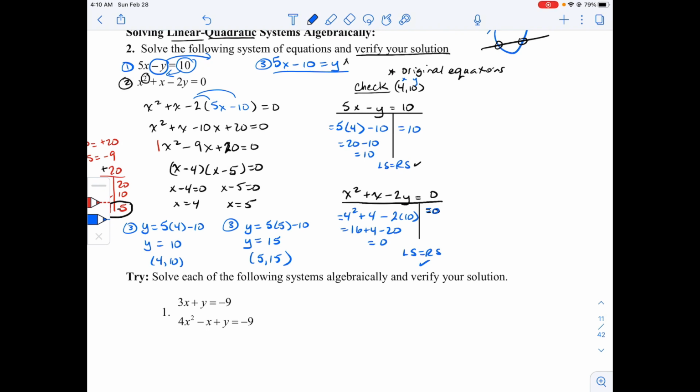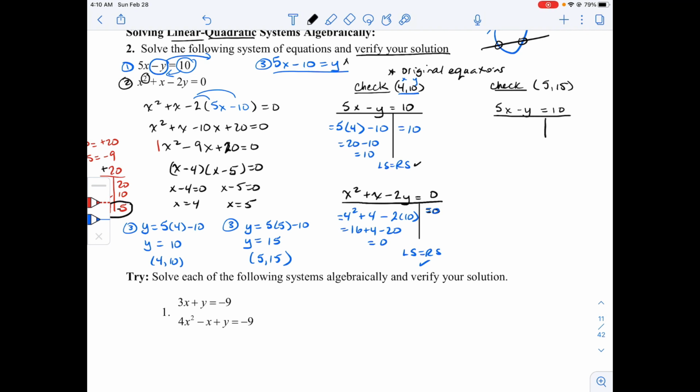Okay, so we've done the first 2 equations. We've solved and checked 4, 10. Also need to check our second solution, which is 5, 15. So we've got 5x minus y is equal to 10.